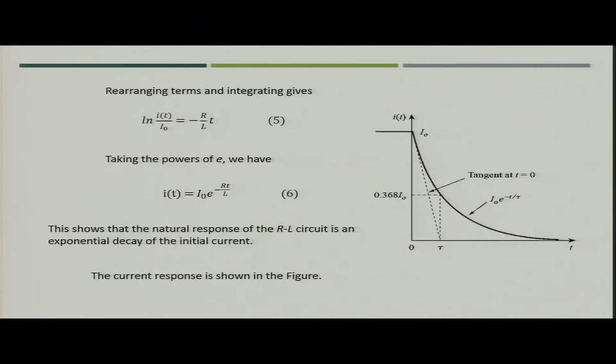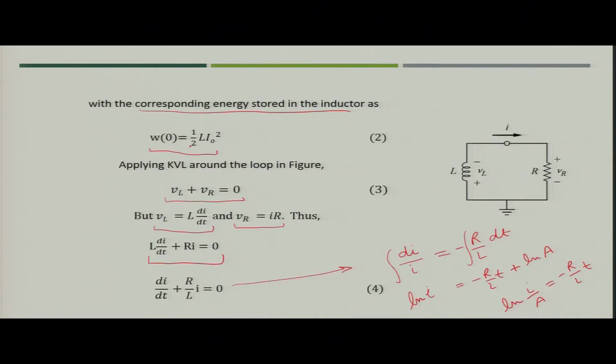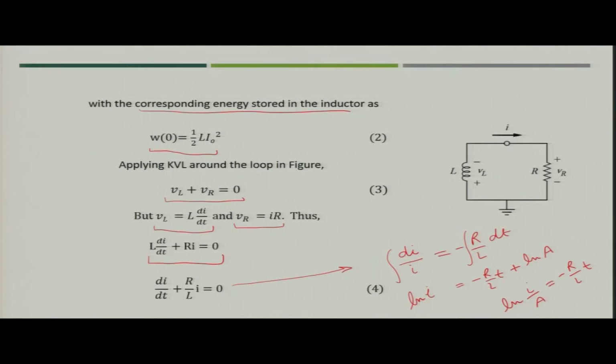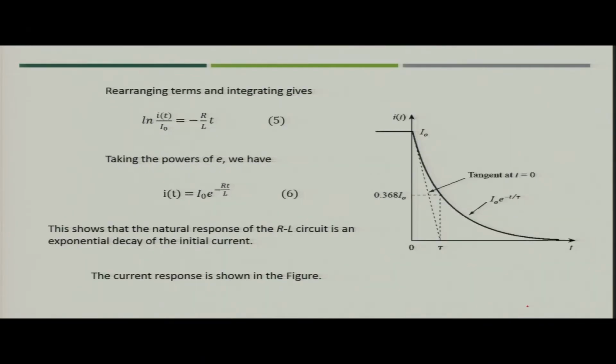We know that the initial value, i at time t equal to 0, is I naught. So the value of A is nothing but the initial value of the current, and we can replace A with I naught.